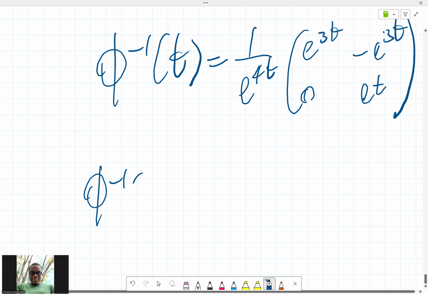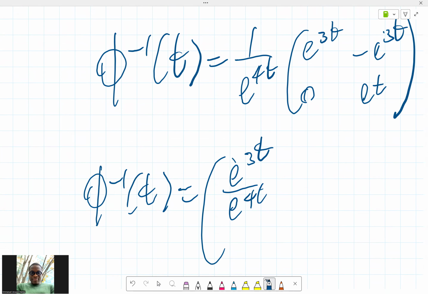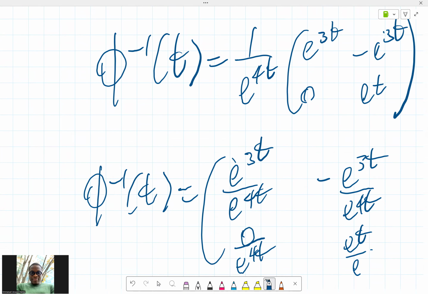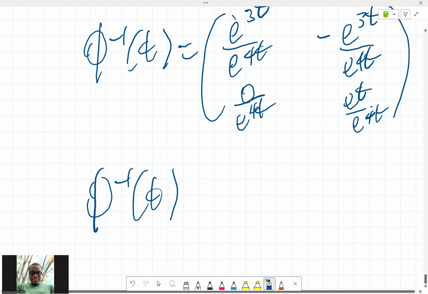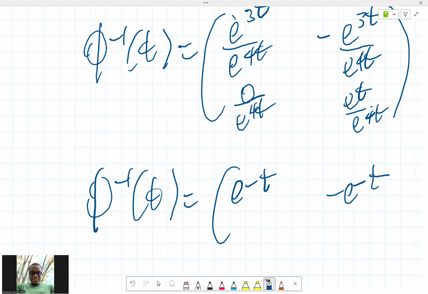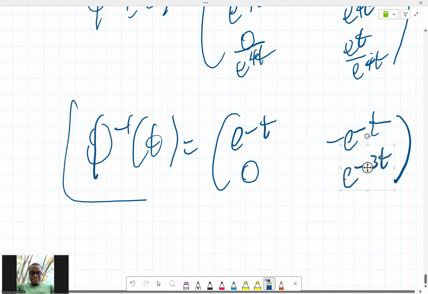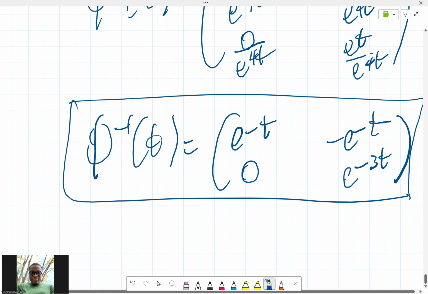We have phi inverse of t equals e raised power 3t over e raised power 4t, then minus e raised power 3t all over e raised power 4t, then 0 over e raised power 4t, and then e raised power t over e raised power 4t. So this is phi inverse of t equals e raised power minus t, minus e raised power minus t, 0, and e raised power minus 3t. So that is phi inverse of t from all what we have all along.